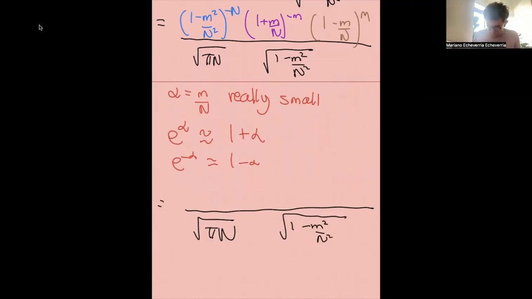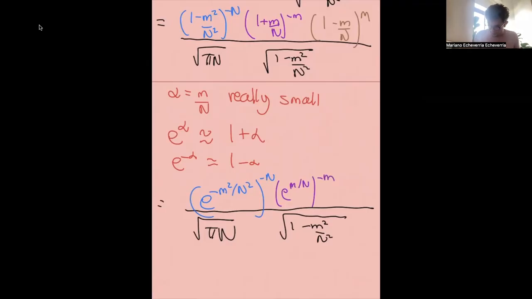So the blue one will become, thinking of alpha as m squared over n squared, e to the minus m squared over n squared, raised to the minus n. The other one will become e to the m over n raised to the minus m.